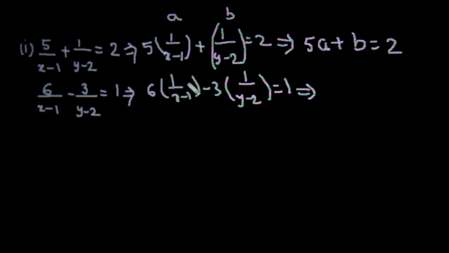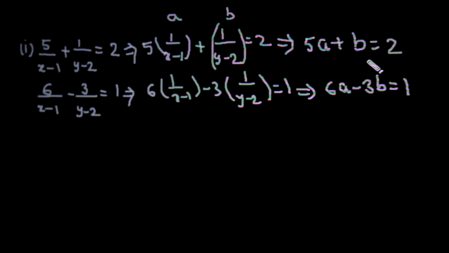Wherever you find 1 by x minus 1, you have to write a. Wherever you find 1 by y minus 2, you have to write b. That is 6a minus 3b is equal to 1. This is one equation, and this is another equation in a and b.